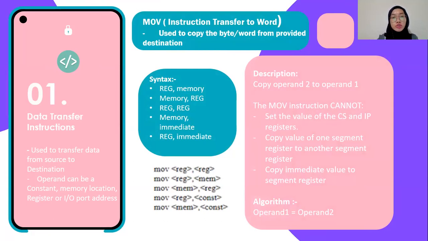So the algorithm used for MOV is operand 1 equals operand 2. In cases where memory transfers are desired, the source memory content must first be loaded into a register, then can be stored to the destination memory address.